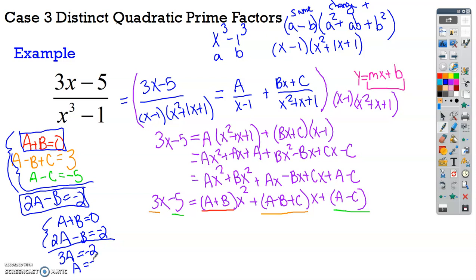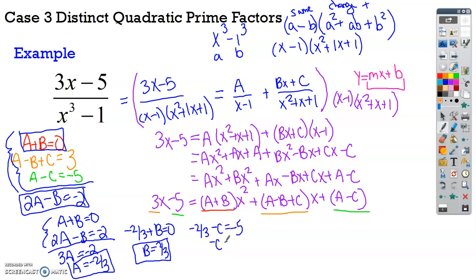a is negative 2/3. Yes, you can get fractions. So I'm going to plug into the top equation. a, which is negative 2/3, plus b is 0. So b is positive 2/3. And a is negative 2/3, minus c is negative 5.